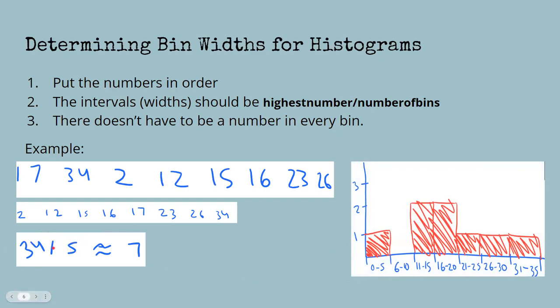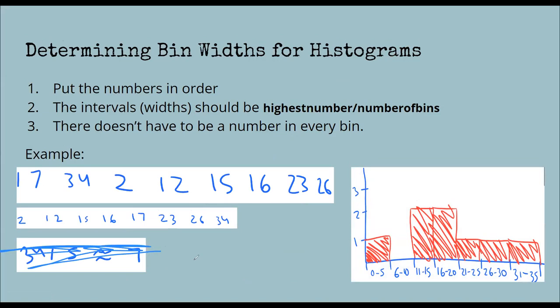Pretend that we instead want 7 bins, so that's approximately 5. So if you see, that's how it works. So there you go. But we can also put it into the calculator.